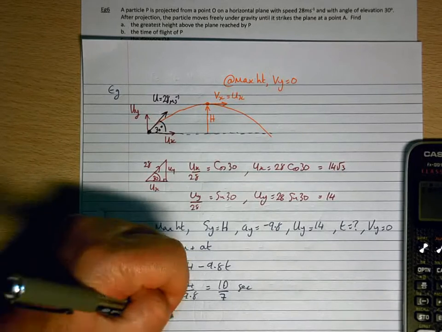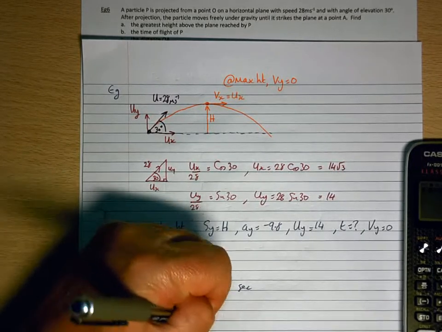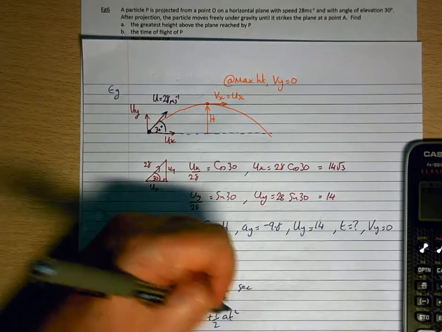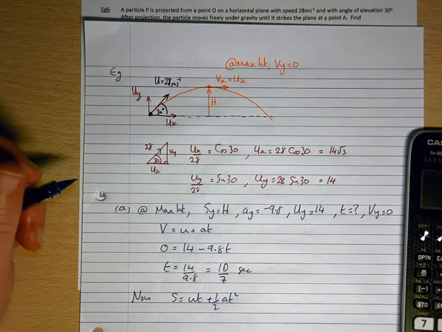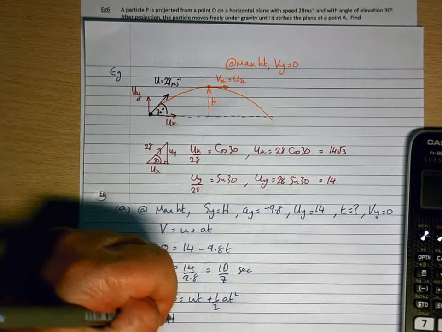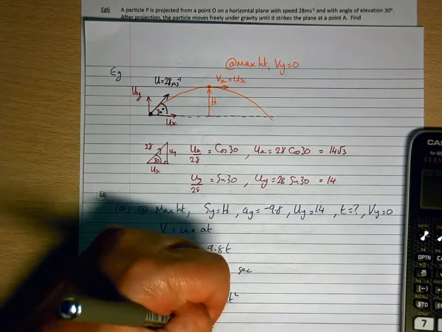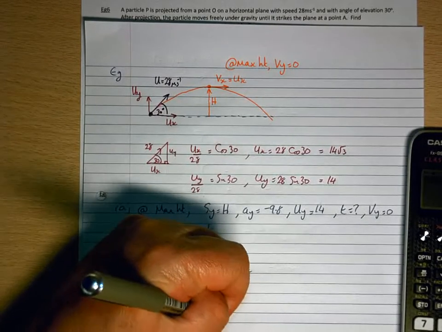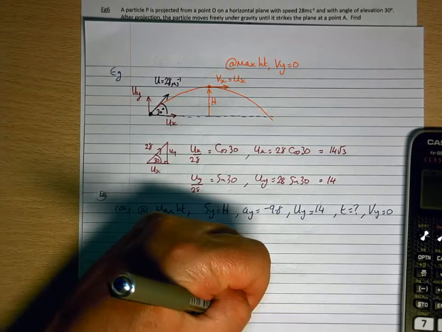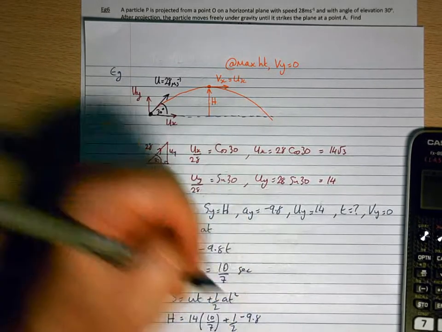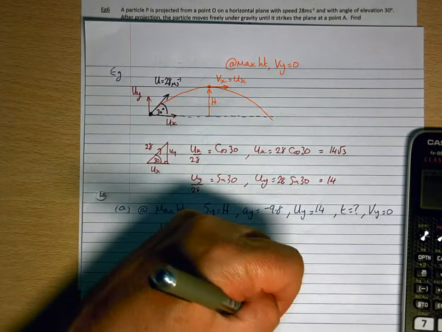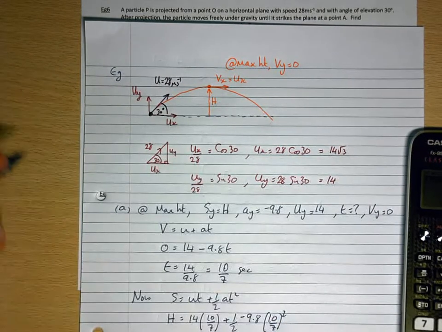Now using s equals ut plus a half at squared, the only thing I don't know now is h. So u is 14, times 10 over 7, plus a half times minus 9.8 times 10 over 7 squared.